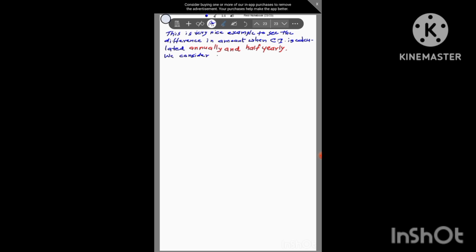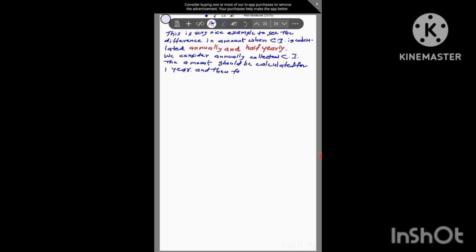Okay, so whenever you come across such an example where interest is compounded annually, I am talking about annually, we are taking this case first, CI stands for compound interest annually, and the time period is something like a half, or 4 months or 3 months, like that, then we should calculate for 1 year first.